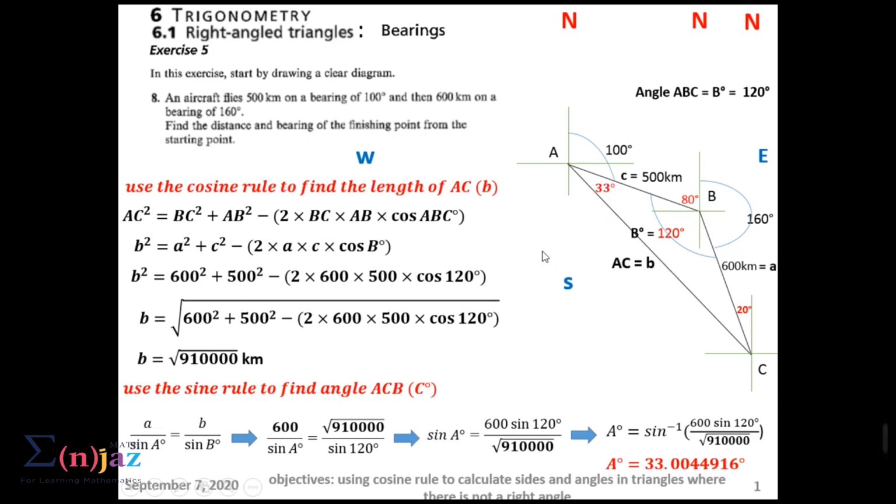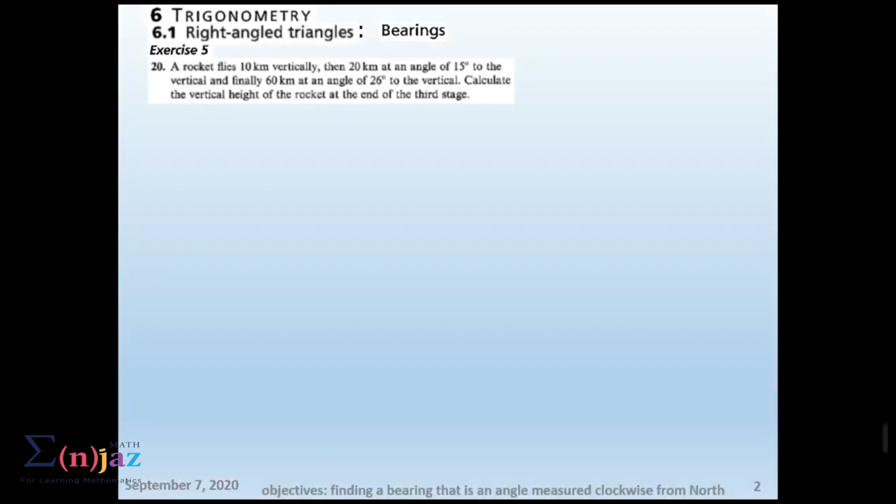Let's try to apply the exact same steps on this question, which I left for you yesterday at the end of the video. And like I said, start always by drawing a sketch of the problem as you're reading the problem. A rocket flies 10 kilometers vertically. Always start by drawing the coordinate plane.